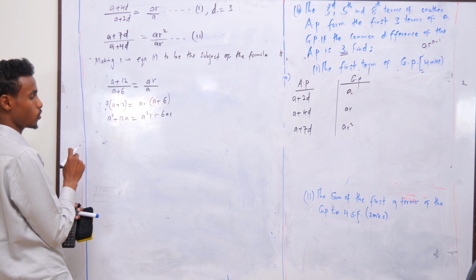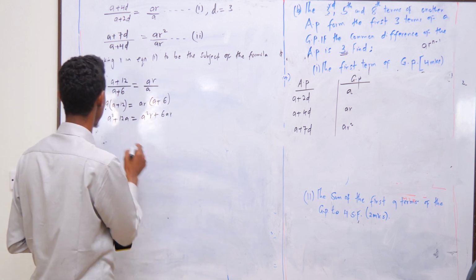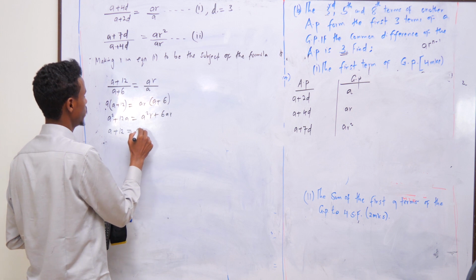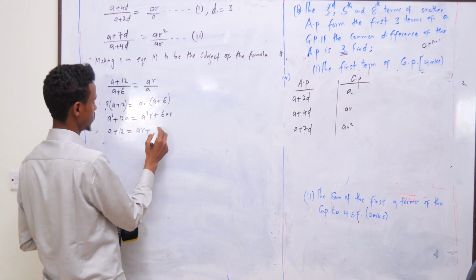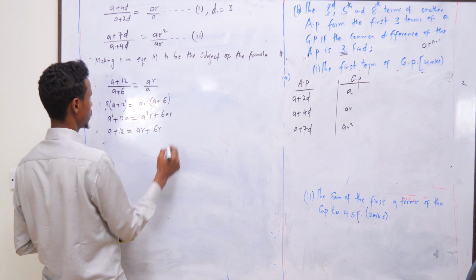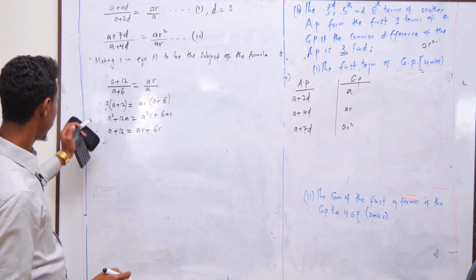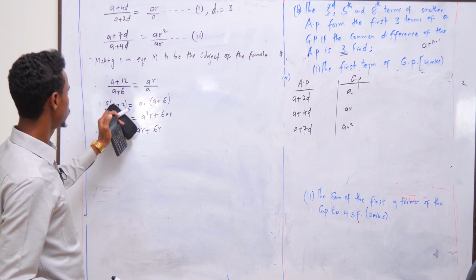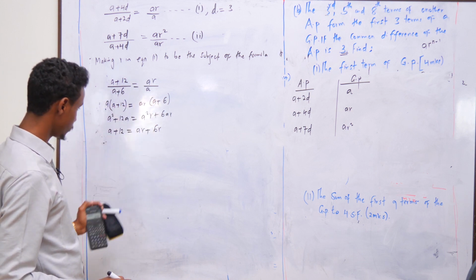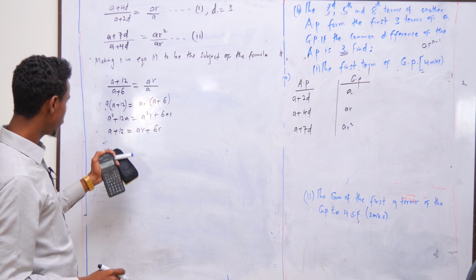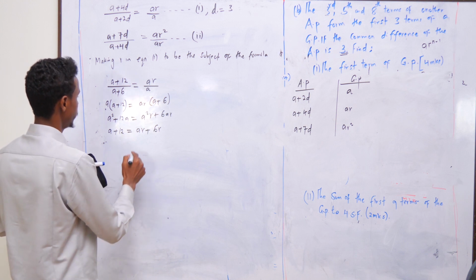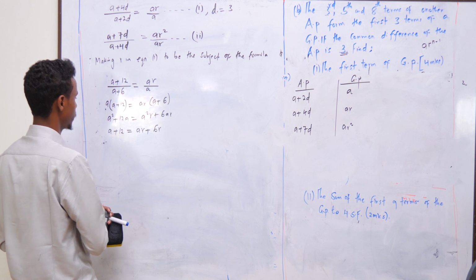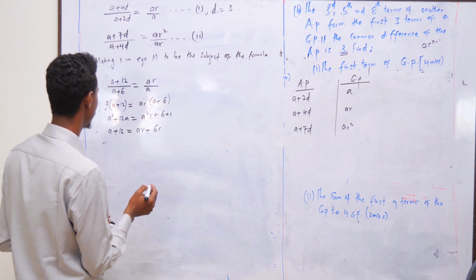Now you have a common factor here, which is A across. It will be A plus 12 is equals to AR plus 6R, because you have divided by A. Now class, what is the common factor here again?